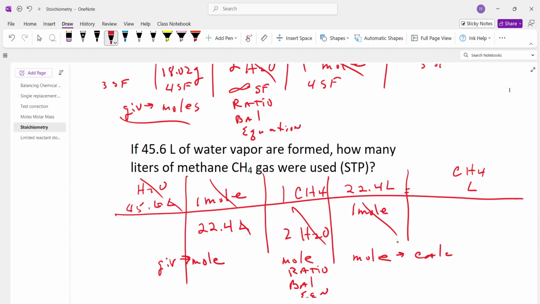I'm going to emphasize the pattern. We're taking advantage of the fact that balanced equations are a molar or molecular relationship, not a mass relationship at all, not a liter relationship at all. It's a molar relationship. So if it's not in moles, get it to moles. Do you guys have any questions about what we're doing so far?